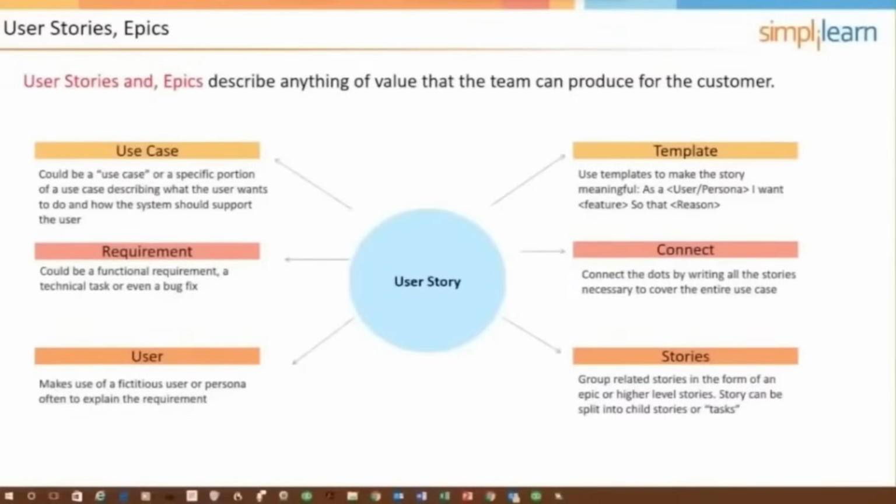And then there are tasks. And a reminder, when we were talking about the sprint planning meeting, we said the sprint planning meeting has two parts to it. The first part is selecting all of the user stories that are going to be included in the sprint, and then disaggregating each of those user stories into tasks.